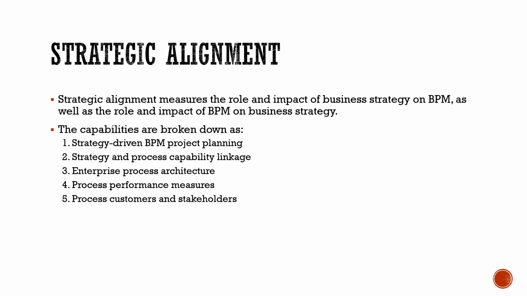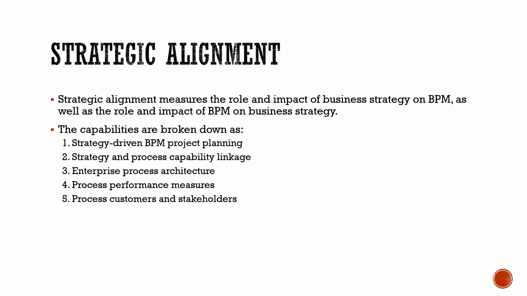Next, we focus on strategic alignment, which measures the role and impact of business strategy on BPM and vice versa. The capabilities are broken down as strategy-driven BPM project planning, which refers to the level of strategy alignment throughout the BPM lifecycle. This is defined by the choice of which methods and tools we use in each phase of the lifecycle.